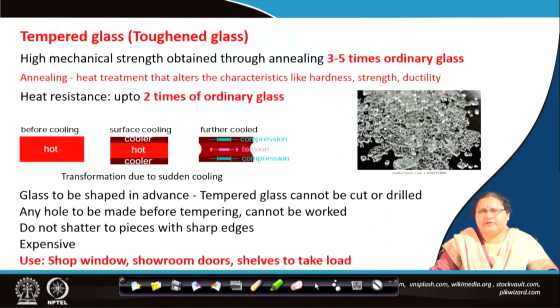So, even if it is so strong, if it fails, the nature of its breaking is like sugar pieces, as you can see in the picture. That is the other advantage of this kind of glass, and you can understand it is mostly used where you are replacing the wall.